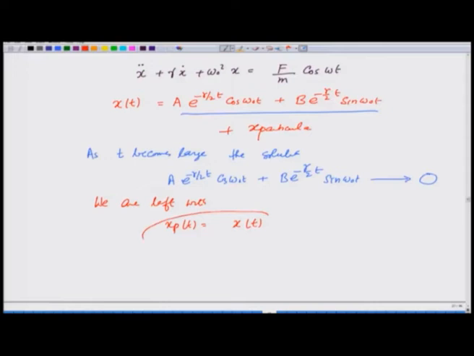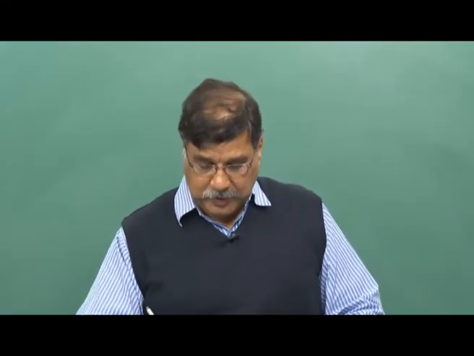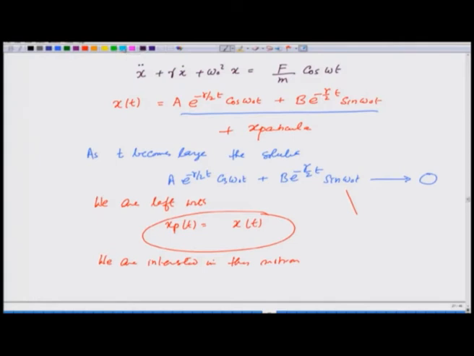What is the final motion? This is the motion we are interested in. The other one has died down, right. So, initially there may be a combination of two frequencies, omega 0 and omega, but with time the omega 0 solution dies down, and in technical terms these are known as transient solutions.